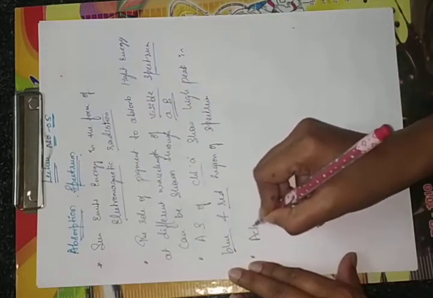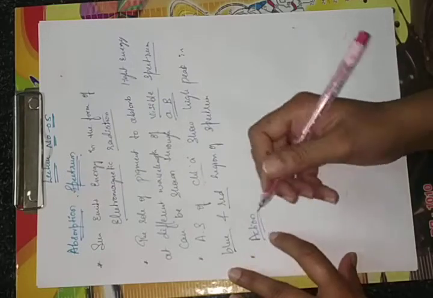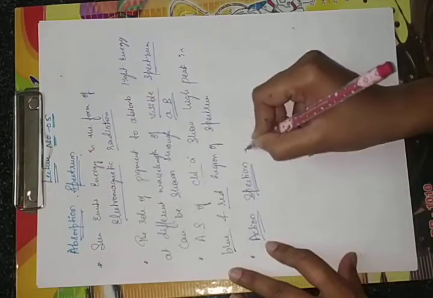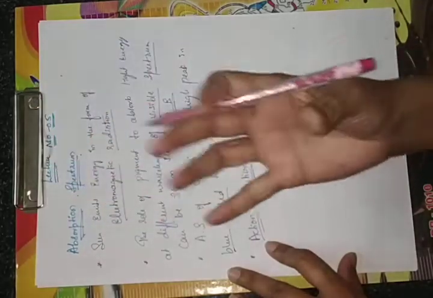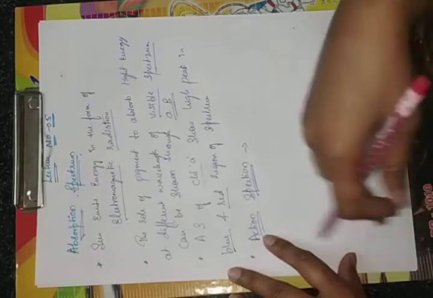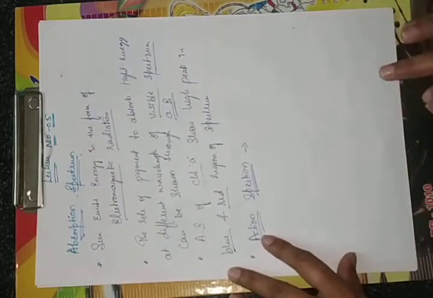This is also a new thing for you. I am going to talk about that, don't worry. Now what is actually action spectrum? Absorption means level of absorption. Action means how the action is going to be given.